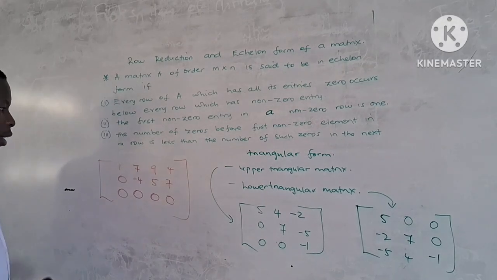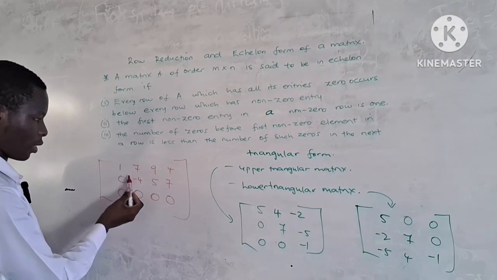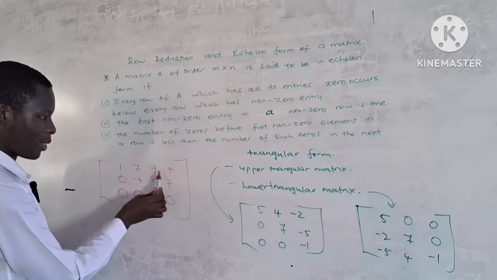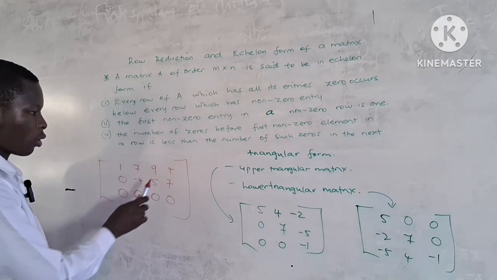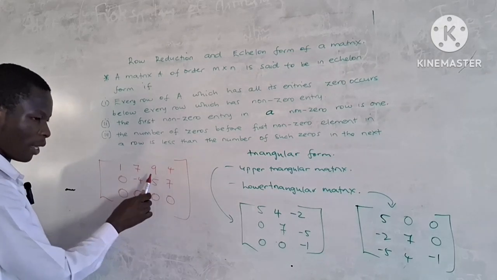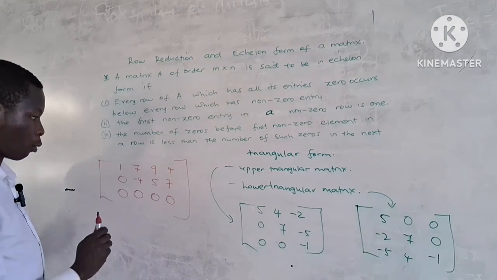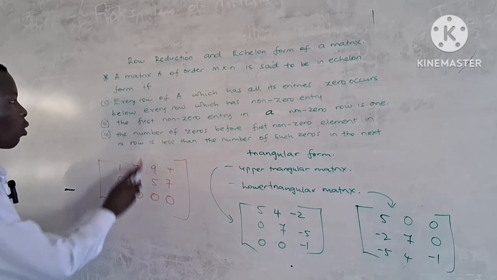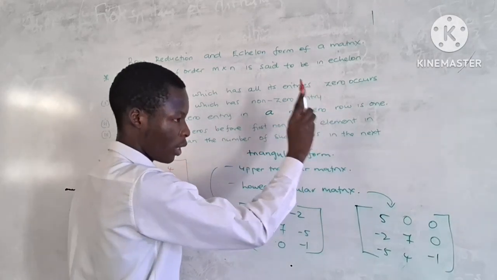This is correct. Why? This is the first row, and if you check in this row, all the elements are non-zero. There is no 0 here, so the first element in that row should be 1. If you check, the first element here is 1. So the first non-zero entry in a non-zero row is 1.